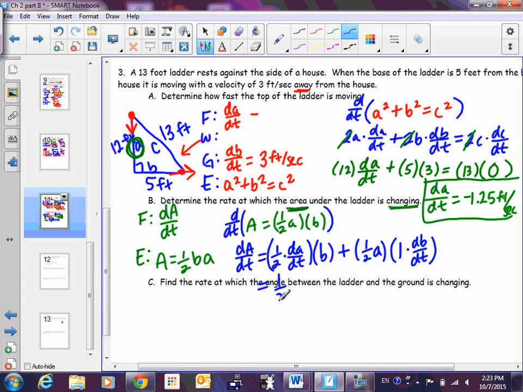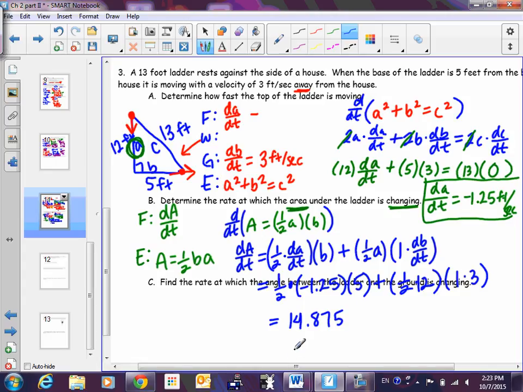Okay, I'm going to kind of encroach in the next space. So dA over dt, that's what we just found in part A. So that's going to be negative 1.25. B is 5. 1/2 a, that'd be 1/2 times 12. And then dB over dt, that again was given as 3. So you'd plug all that in, and I know I'm rushing through this, but that's just calculator work.